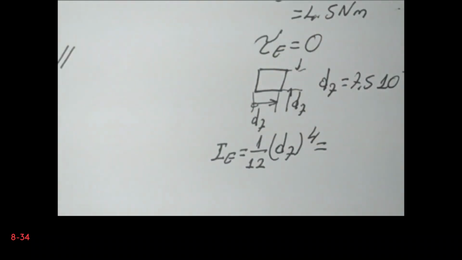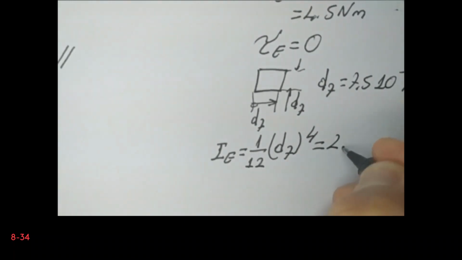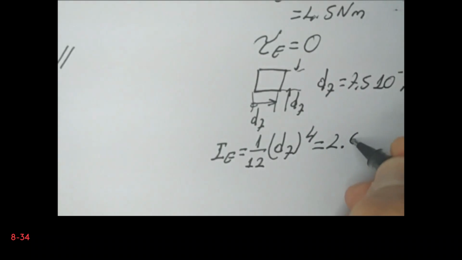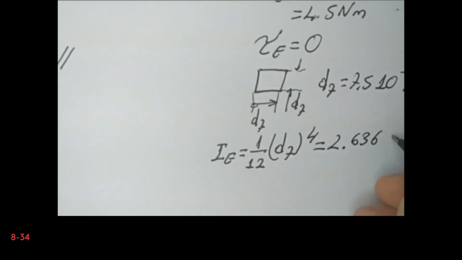So the value is 2.636 10 to the power minus 10 meter to the power 4.